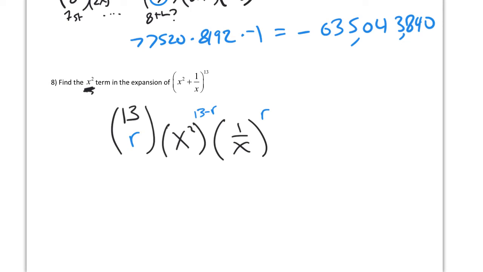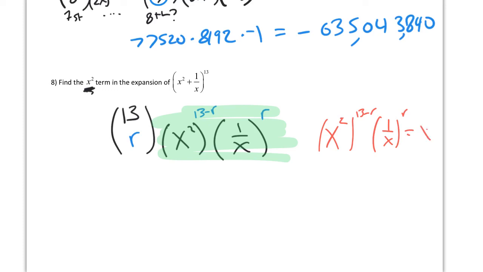Well, I know that the part of this where the x's are involved has to combine to be x squared. So I can do a little side equation. I've got x squared to the 13 minus r times 1 over x to the r should equal x squared.